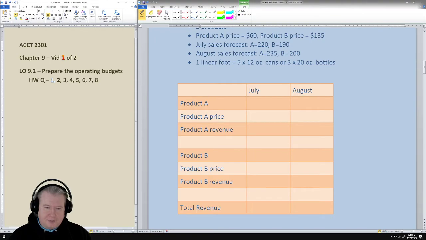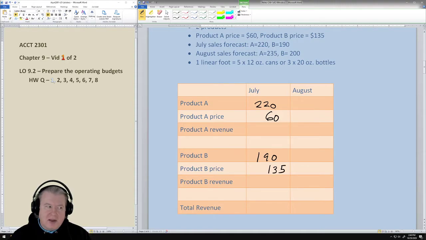But here, we've got 2 products, product A and product B. All we're doing is trying to figure out how much we're selling of product A, and it says product A, the forecast is 220, and product B, the forecast is 190. The price is going to be 60, and the price for the second one is going to be 135.